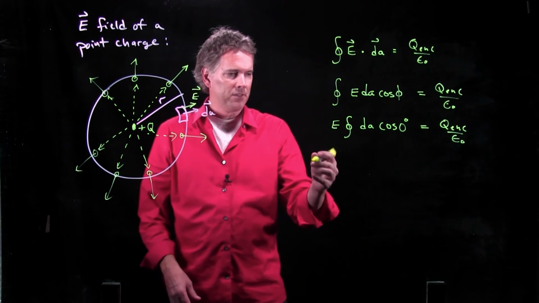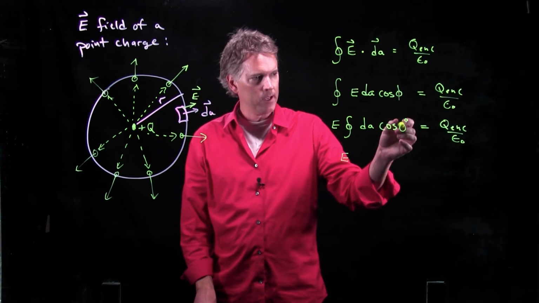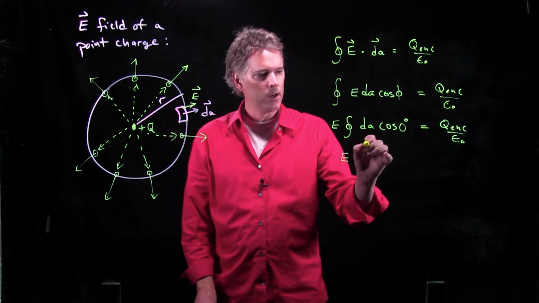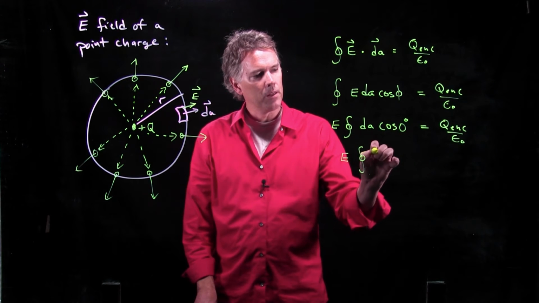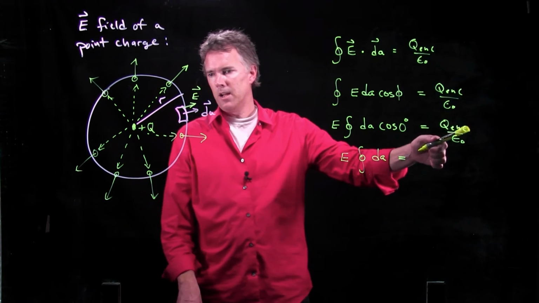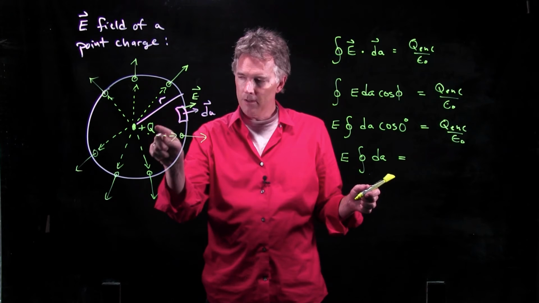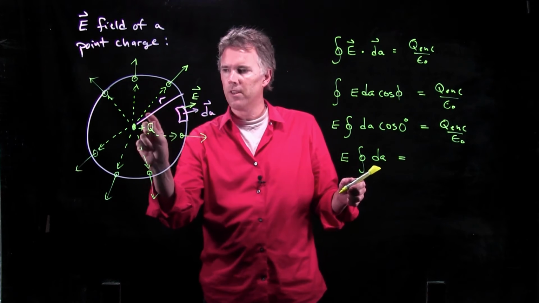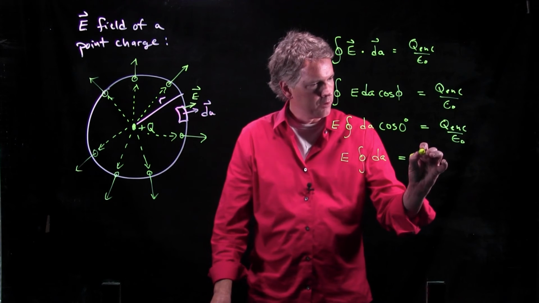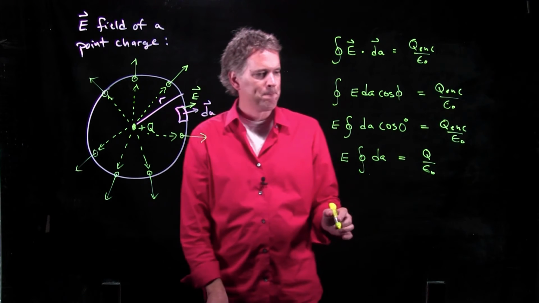What does this whole left side become? Well, cosine of theta, cosine of phi, if it's 0, that thing becomes 1. And so we're just left with that. Over on the right side, Q enclosed is just positive Q, right? It's just one charge that's in there, positive Q, and so this becomes Q over epsilon naught.